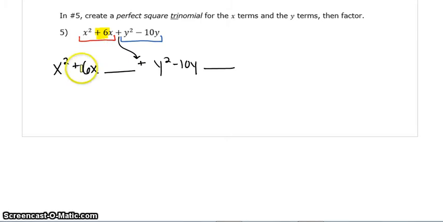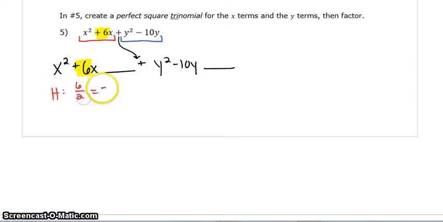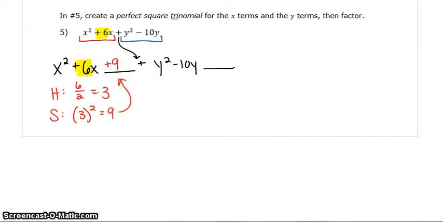So let's start by halving the b term. So half of 6 is 3. Then let's square it. 3 squared is 9. And then let's add it. Now that I have figured out the perfect square trinomial for the x's, I can move on to the y's.